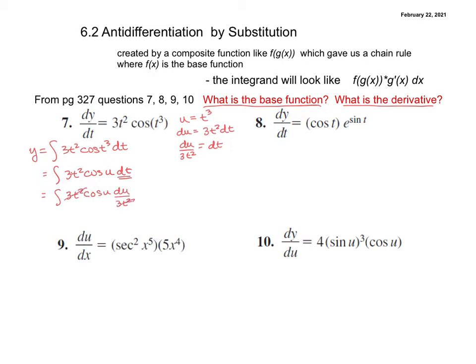And of course, these are going to cancel. I'm left with the integral of the cosine of u du, which we all know is the sine of u plus c. But since u equals t cubed, I'm going to replace this u right here with t cubed. And so this will equal the sine of t cubed plus c. And that is my answer.